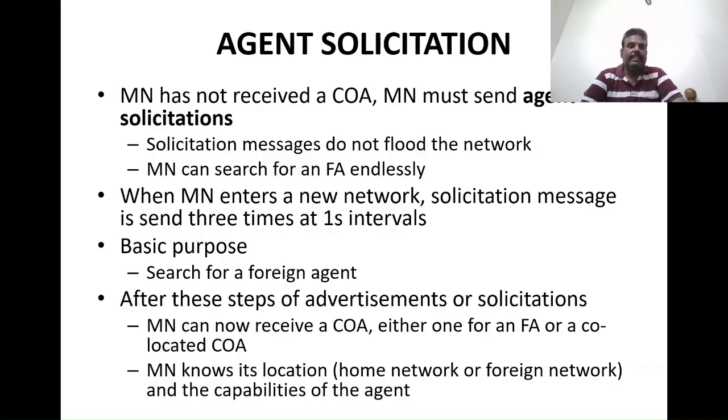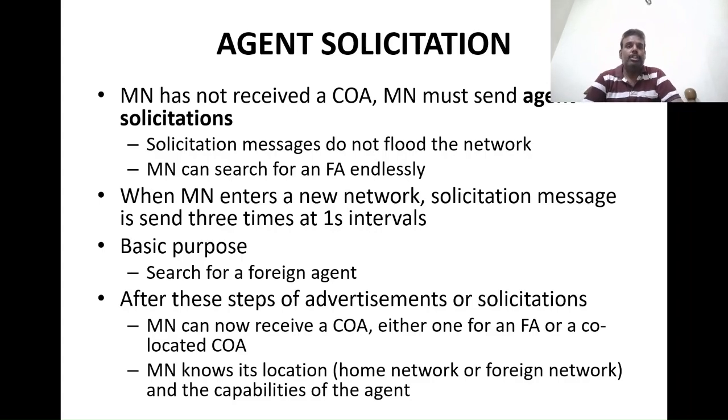The mobile node can search for a foreign agent endlessly. Whenever I have shifted to another network, that is the foreign agent, my mobile node has to discover this location automatically. For that, we are using the ICMP protocol. If it is not able to find my location, my mobile node has to do this automatically.